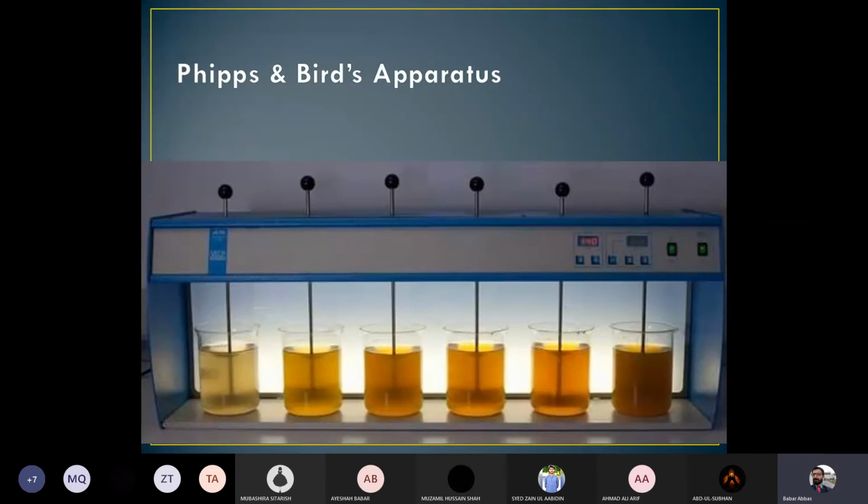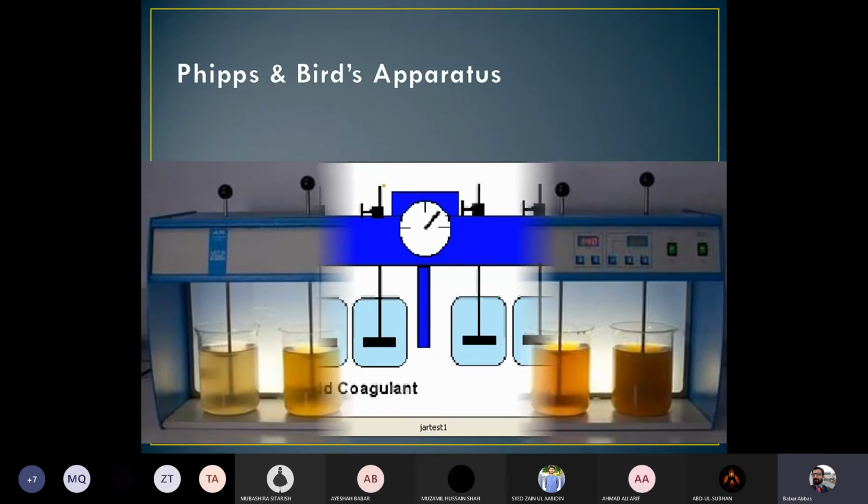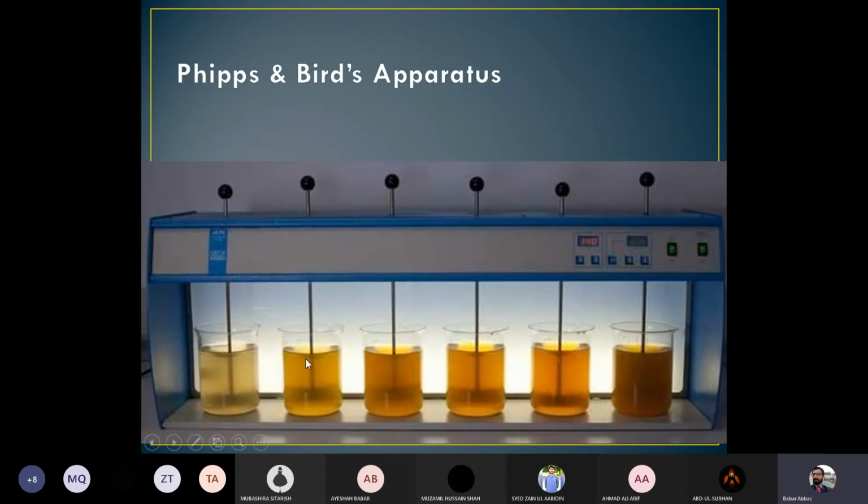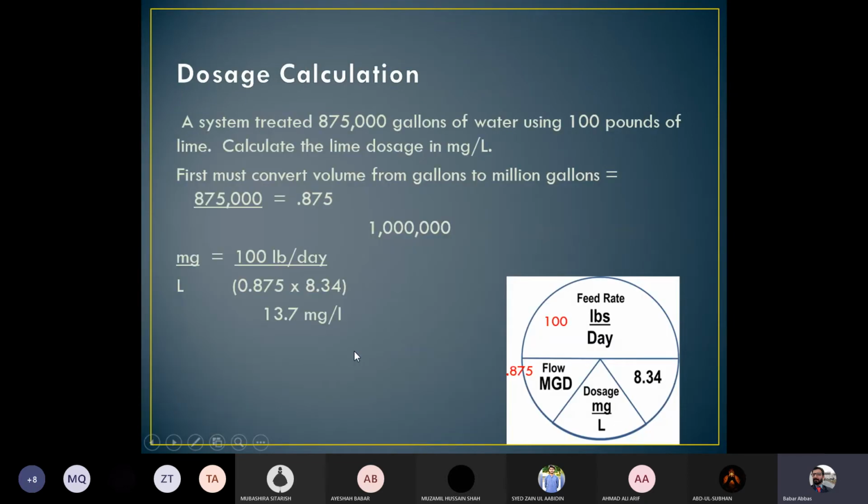So after the conduction of the experiment, you can see that these are the samples with the different dosage levels. For example, in this example we have calculated that to efficiently treat the water, we must have 13 or 14 milligrams of alum in a single liter.